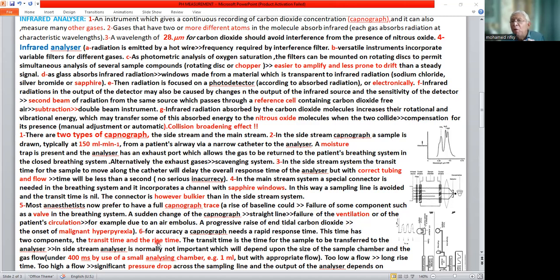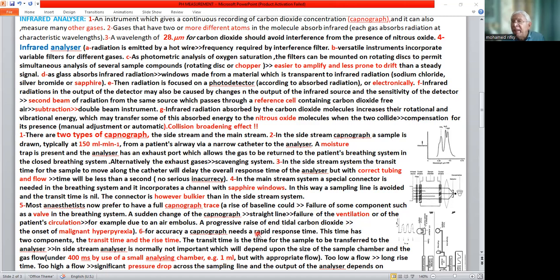The time taken for the capnogram to respond and give me a reading is called the rise time. So we have two types of time. In the science stream, of course, the results can be about 400 milliseconds by using a small analyzer chamber, only in the figure of 1 milliliter.